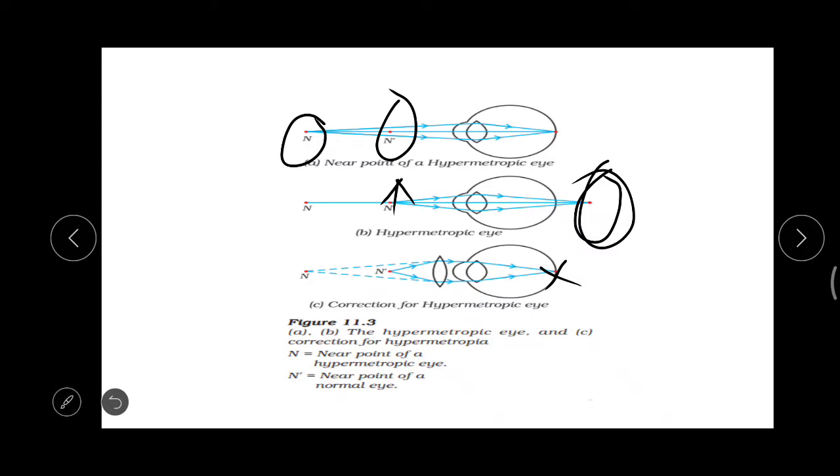These are the reasons behind presbyopia. In such a way, old people cannot see the objects near to his or her eye. So that is regarding presbyopia.